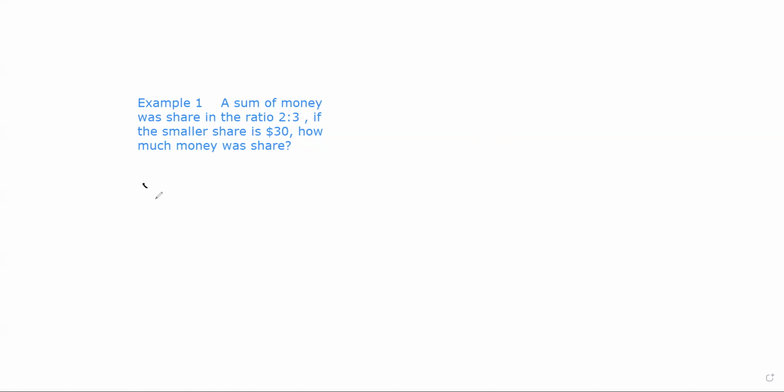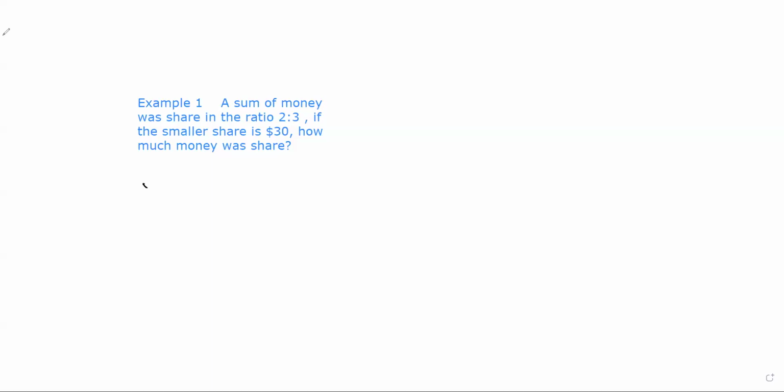Yeah. So it says a sum of money was shared in the ratio 2 to 3. If the smaller share is 30, how much money was shared? So first, sir, we're going to find the total sum for the two numbers.